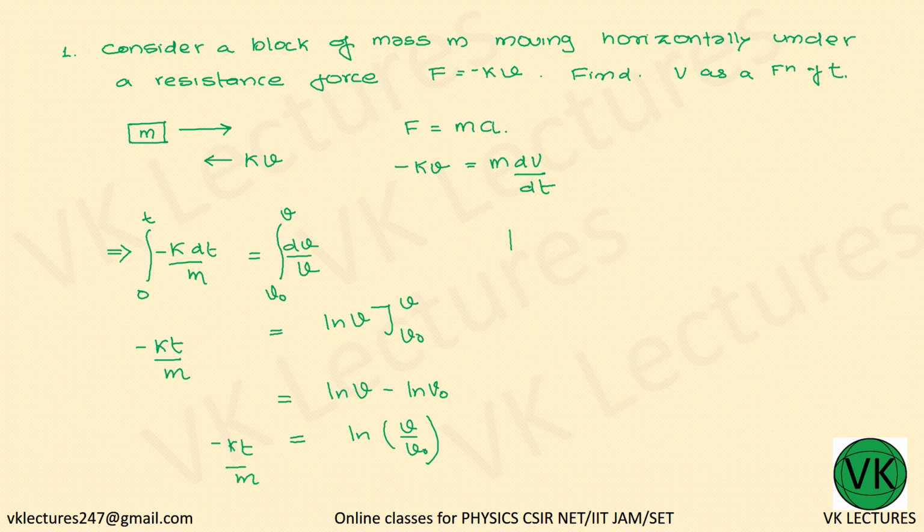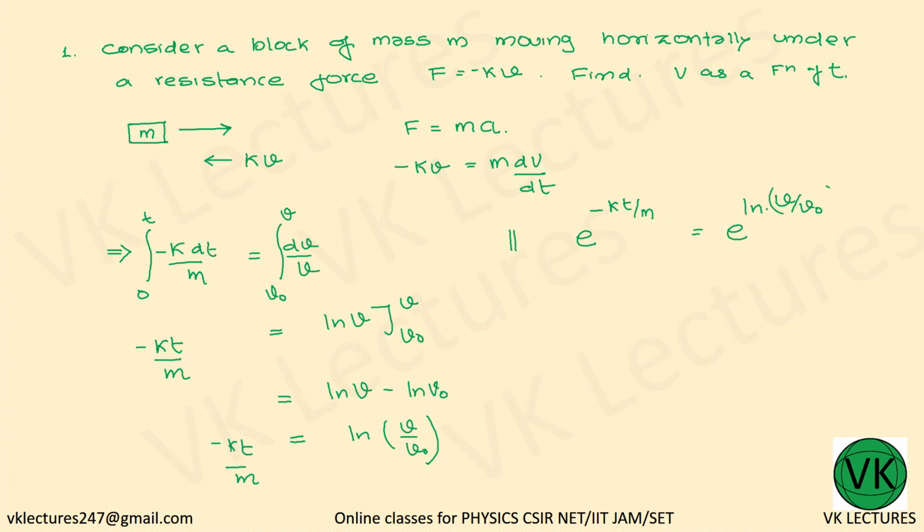Now we have e to the power minus kt by m, just making it exponential, equal to e to the power log v by v naught.